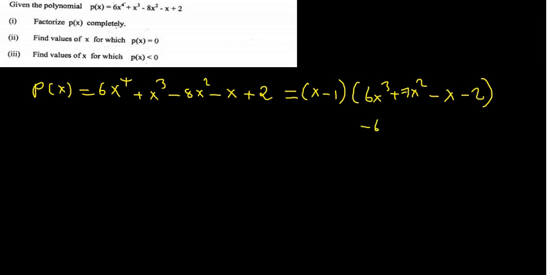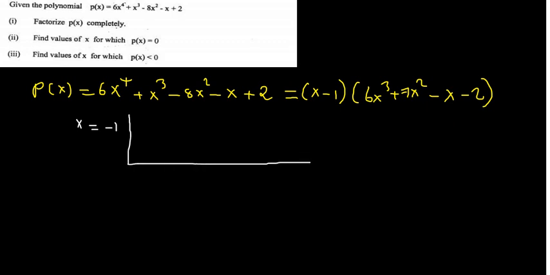Then negative 1 squared is still positive 1 times 7, that will be 7. Then negative 1 times negative 1 will be positive 1, then minus 2. So negative 6 plus 7 is 1, plus 1 is 2, minus 2 is 0. So this one has also given us 0. We used negative 1, so I'll say x is equal to negative 1.